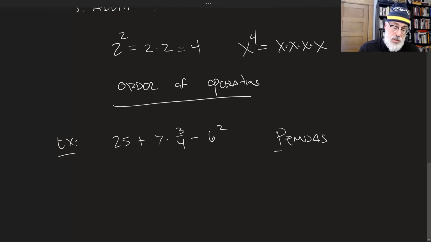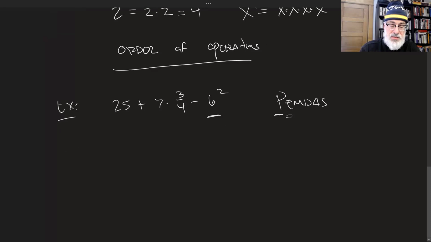So we notice there are no parentheses here. So we don't have to worry about the parentheses. Exponents. I see there's a 6 squared. So we will begin by squaring 6. And we keep the sign out front. So negative 36.